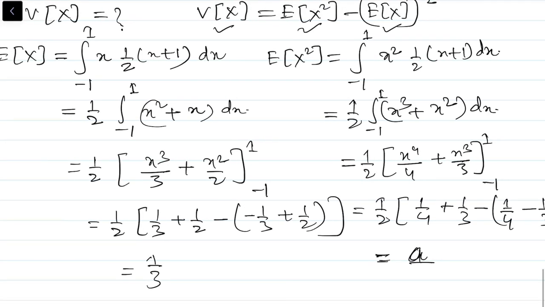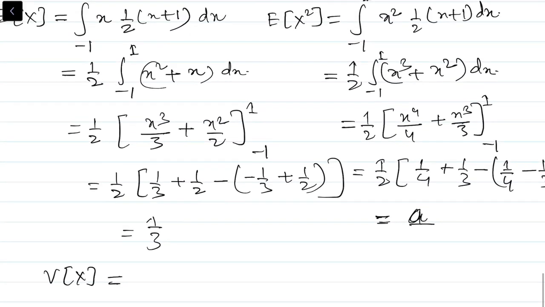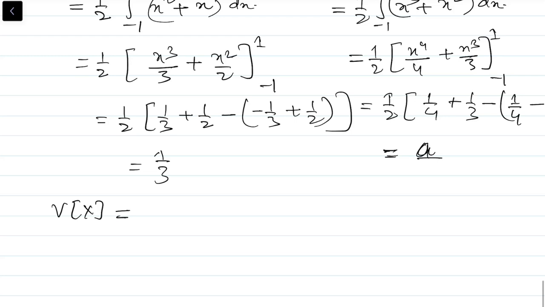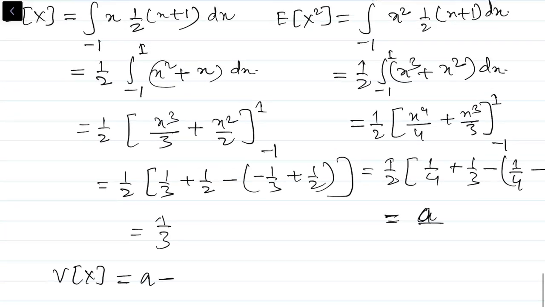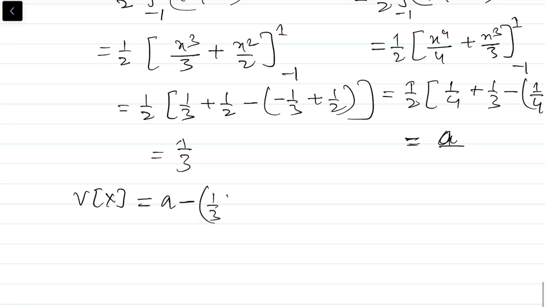Then the variance will be expectation of x square, which is a, minus expectation of x whole square, which is 1 over 3 whole square. So you can solve this and you'll get the variance of x.